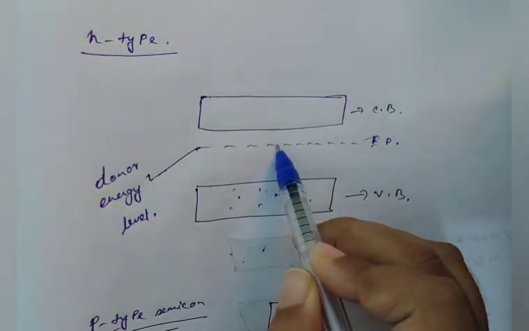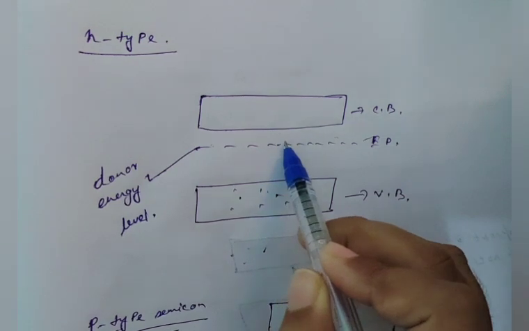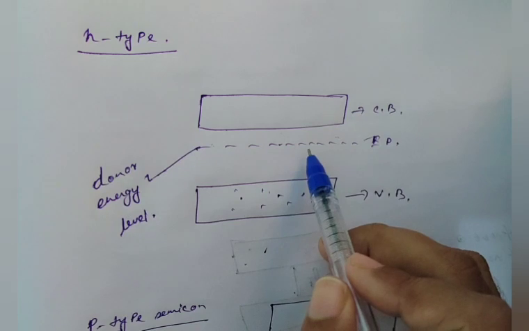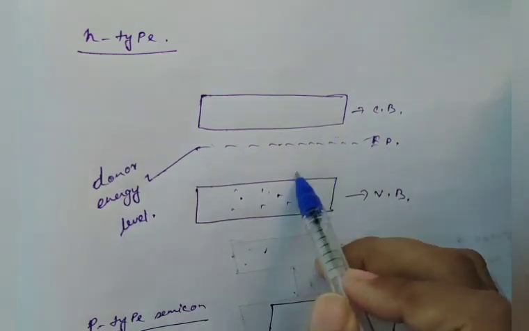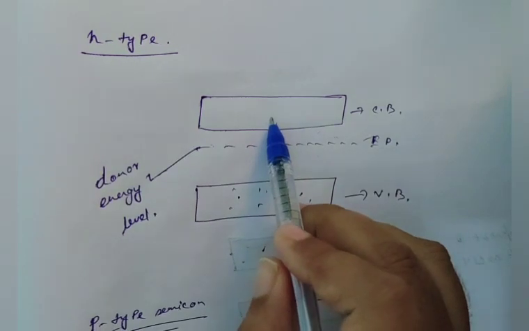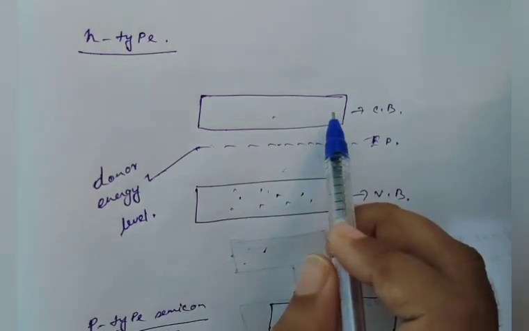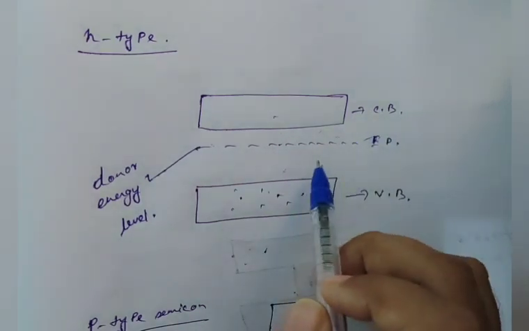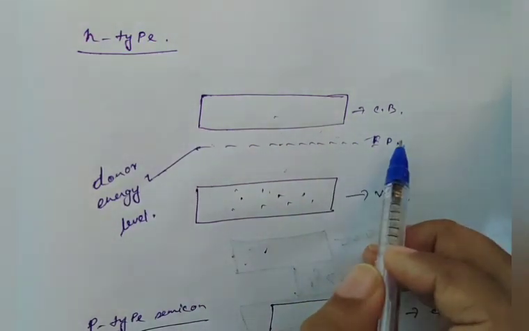At room temperature, this small energy gap is easily covered by thermally excited electrons. So the conduction band has more electrons than holes in the valence band, as they are contributed by both thermal excitation and donor impurities.